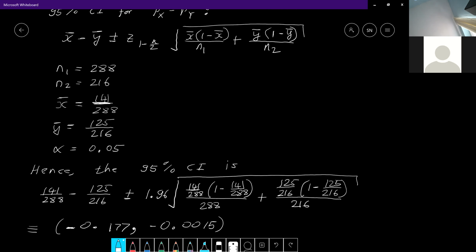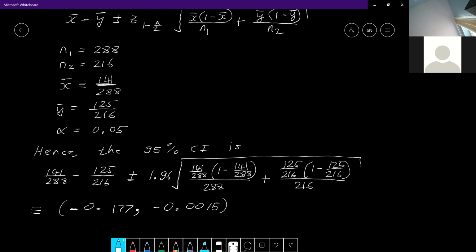So both limits are negative, right? In other words, the confidence interval for Px minus Py is less than 0. So what we can conclude is that Px minus Py is not equal to 0.